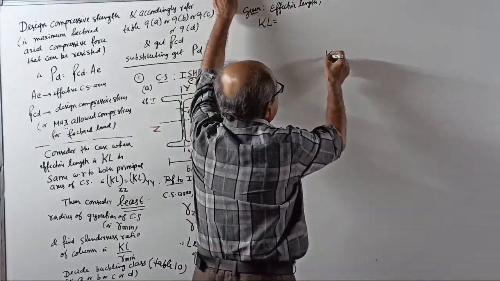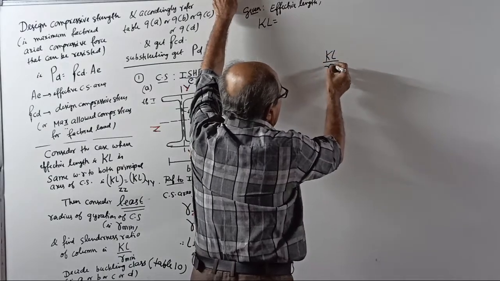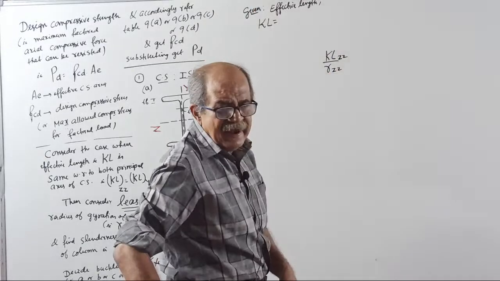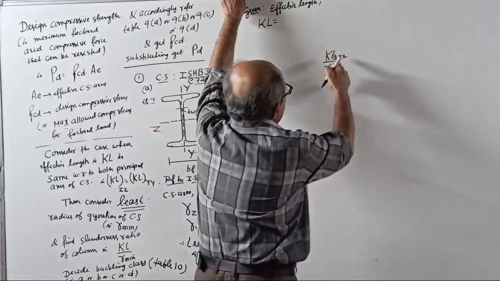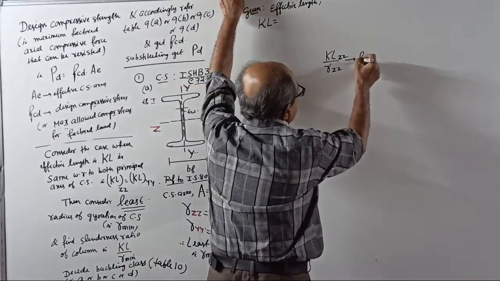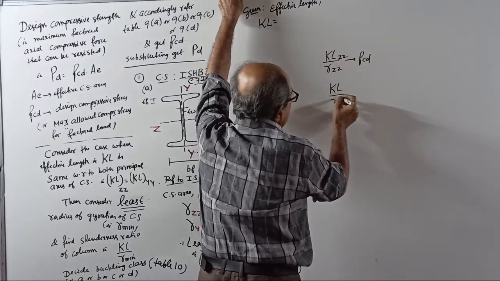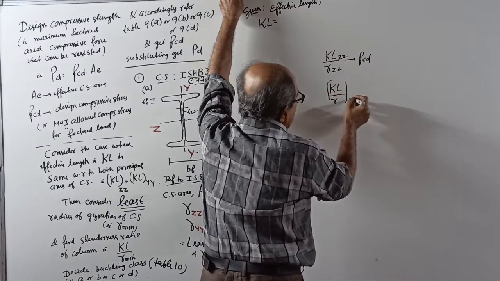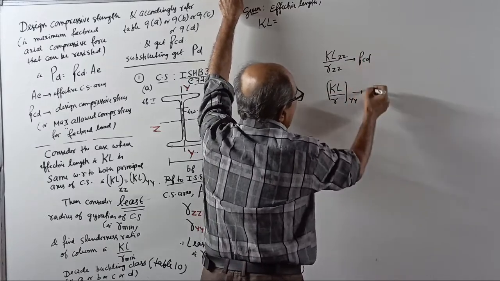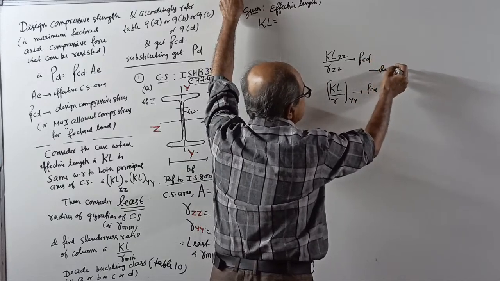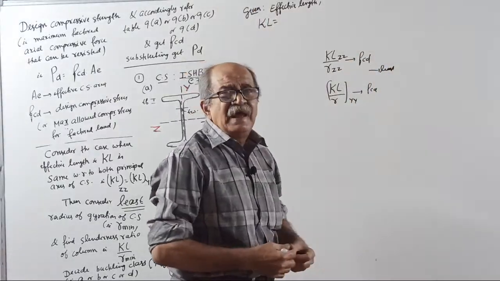You have to calculate KL divided by r about ZZ, KL about ZZ by r about ZZ. One lambda will come. For that you have to find FCD. Then again KL by r with respect to YY also, find FCD, and take the least FCD as the strength. Okay, that is a finer point.